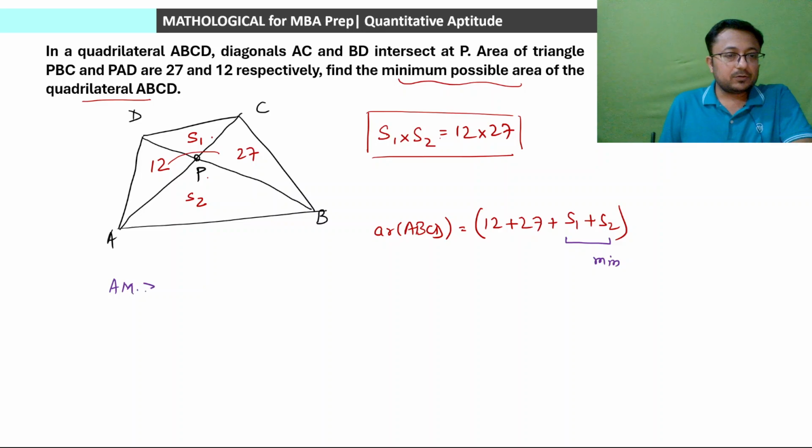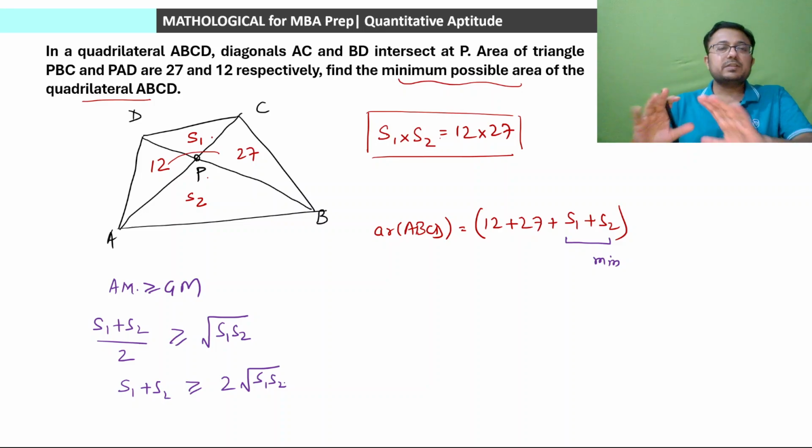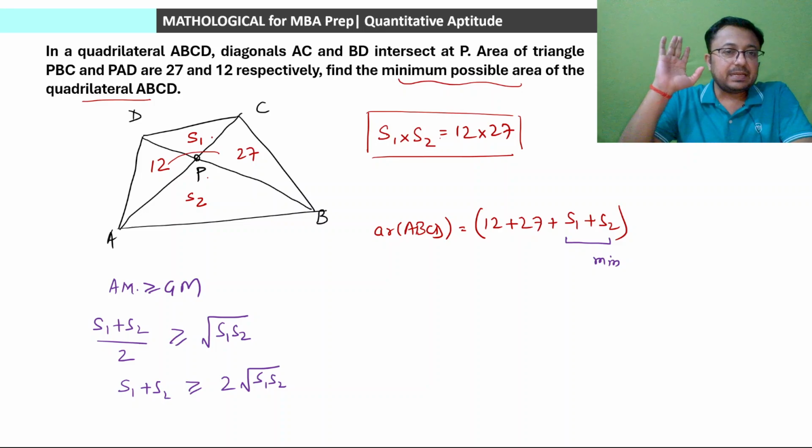Arithmetic mean greater than or equal to geometric mean of S1 and S2. तो S1 plus S2 by 2 will be greater than or equal to the square root of S1 into S2. So S1 plus S2 will be greater than or equal to 2 times the square root of S1 into S2. Or to generalize this, हमें two numbers का अगर product given है, तो the sum of those numbers will be minimum when those numbers are equal.